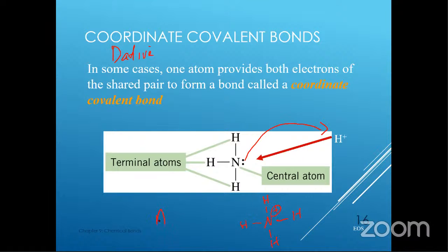So this is called the ammonium ion. All right? So that's an example. This bond that is formed right here, that is called the coordinate covalent bond, all right? Because this bond is formed when these two electrons are donated to this hydrogen ion right here, all right? So that's a special type of covalent bond that you need to be aware of.